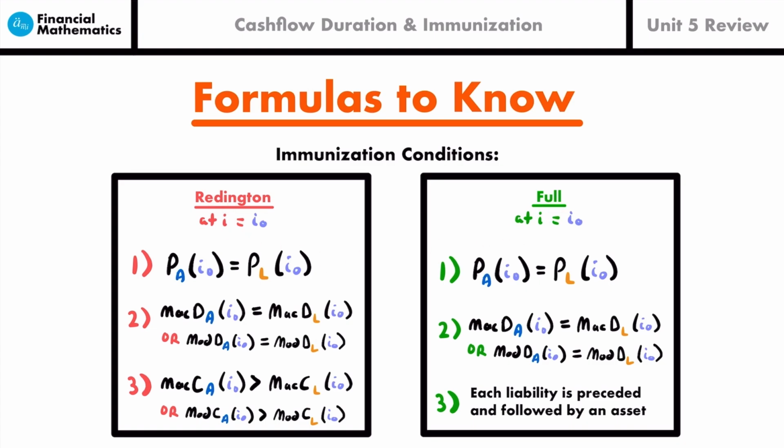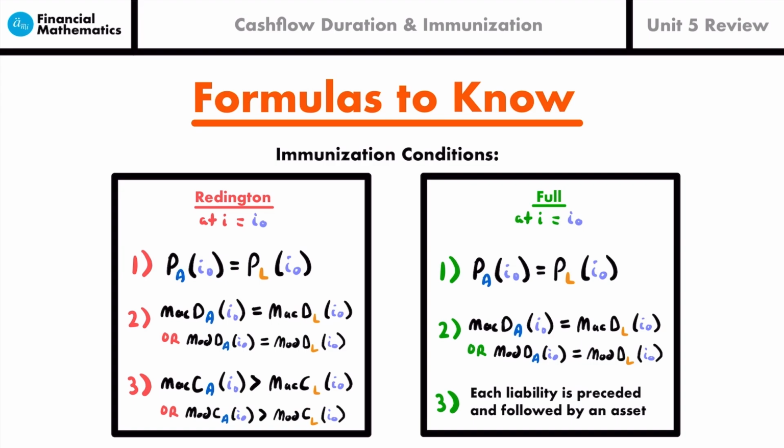For full immunization, on the other hand, the third condition is a little bit easier to work with, and all it is that each liability is preceded and followed by an asset. The way I like to think about this is like a sandwich. If you have a liability in your timeline for assets and liabilities, every single liability should be in between two assets.